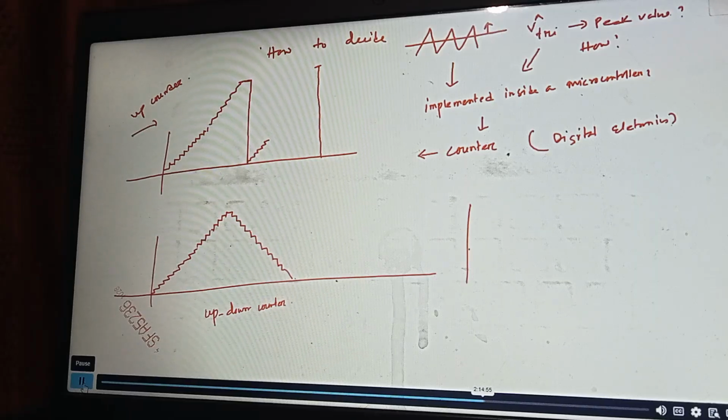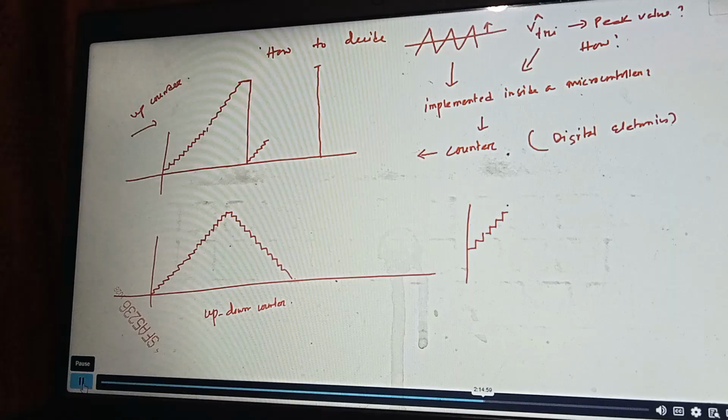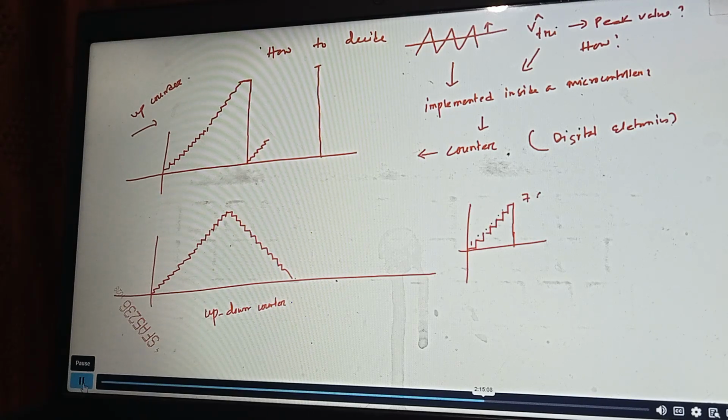So for simplicity, let's say I am using a counter, how many counts? 1, 2, 3, 4, 5, 6, 7. Let's say this is a 7 count. So for 7 count, how much time do I need?